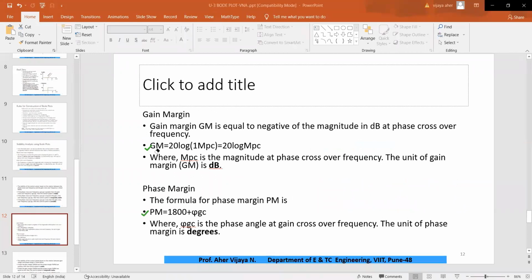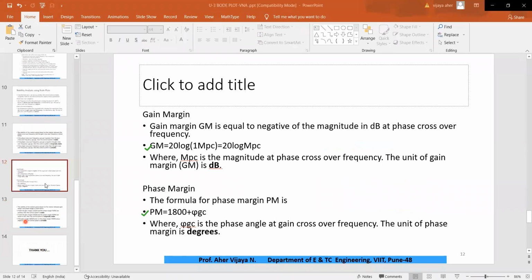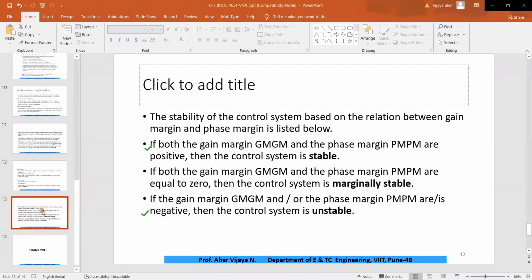So please write this equation for gain margin and this equation for phase margin. Now from this, again you can comment on stability.